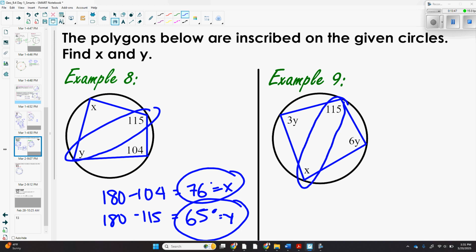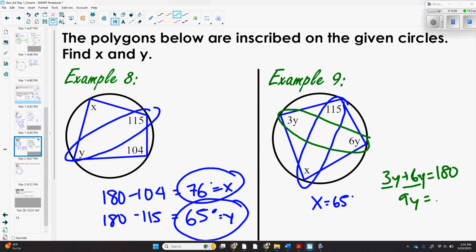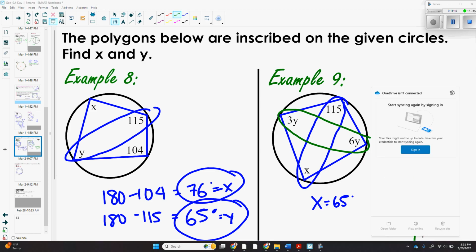However, the other way, these also have to add up to 180, and because we're both y, I'm going to set up an equation: 3y plus 6y equals 180, and 3 plus 6 is 9y. And how would I solve this? Well, I'm going to divide by 9 and get y equals 20.